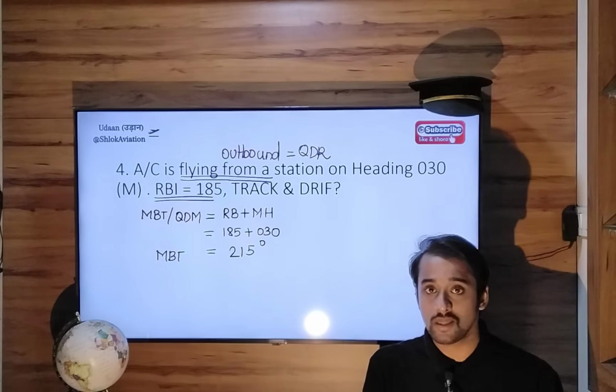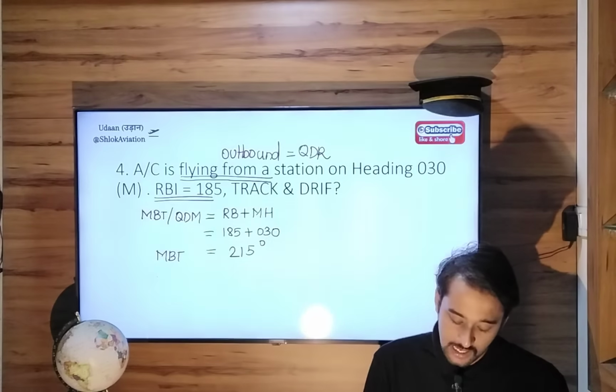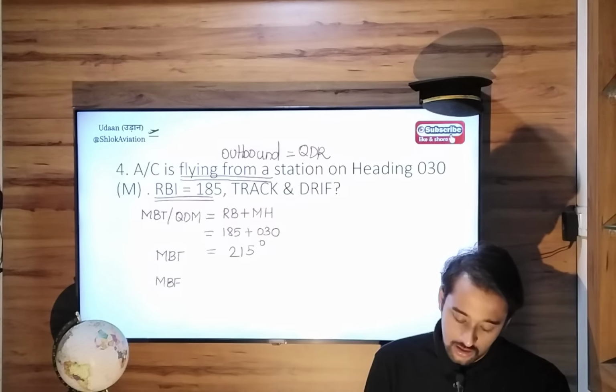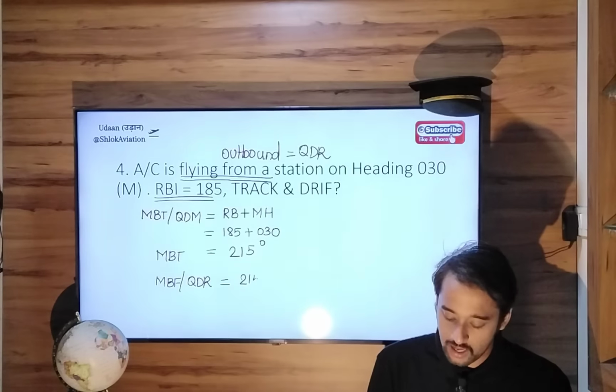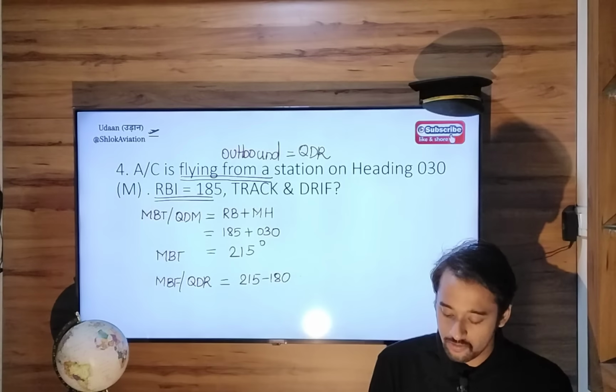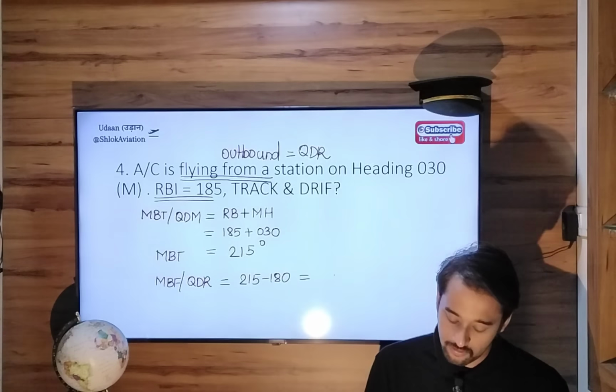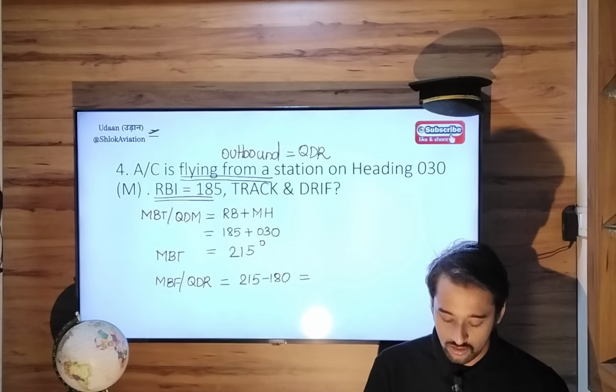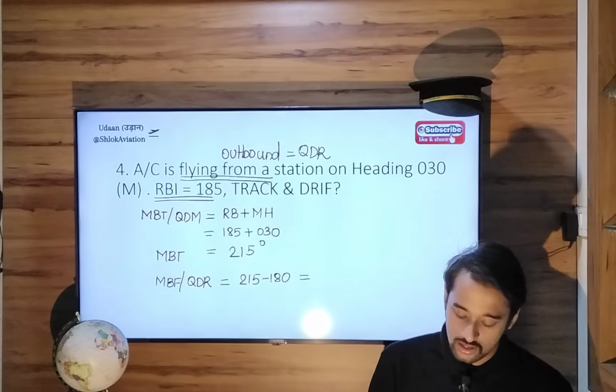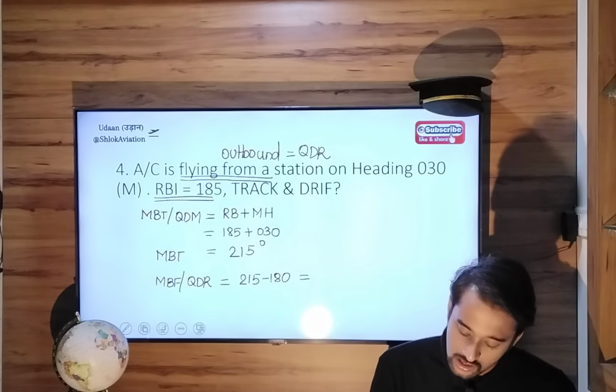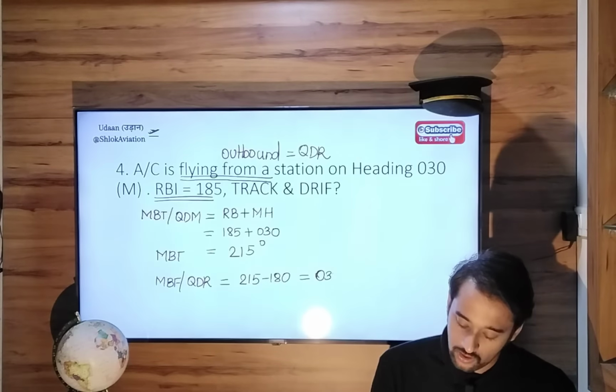Magnetic bearing from the station will be the reciprocal of that, QDR, which will be 215 minus 180, which is 035 degrees. So what is your track and drift?